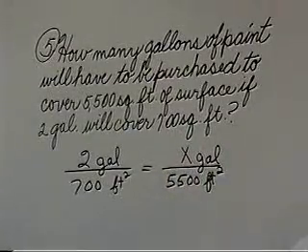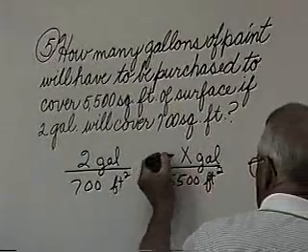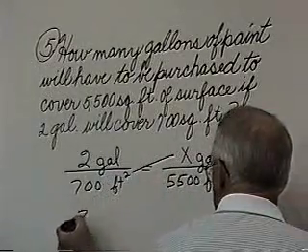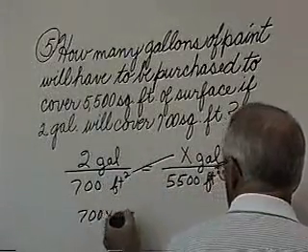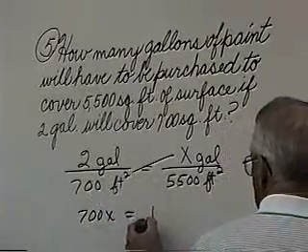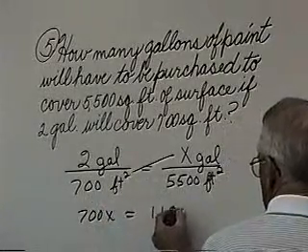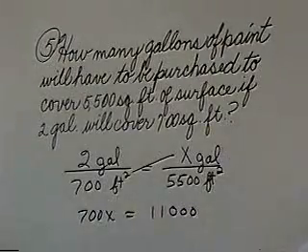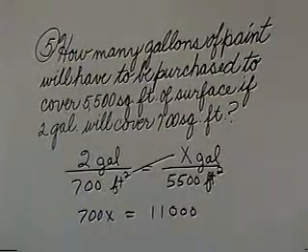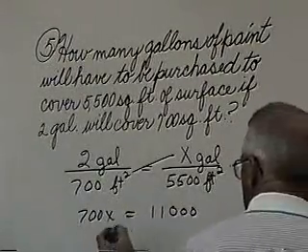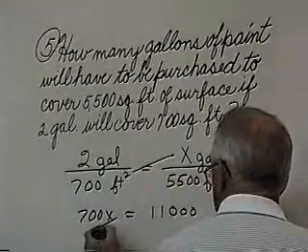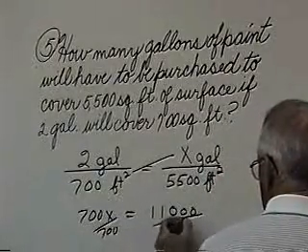Now to solve it, we use this cross multiplying. Multiplying that would be 700x. Multiplying this would be what? 11,000. Now to solve for x, we divide both sides by 700.